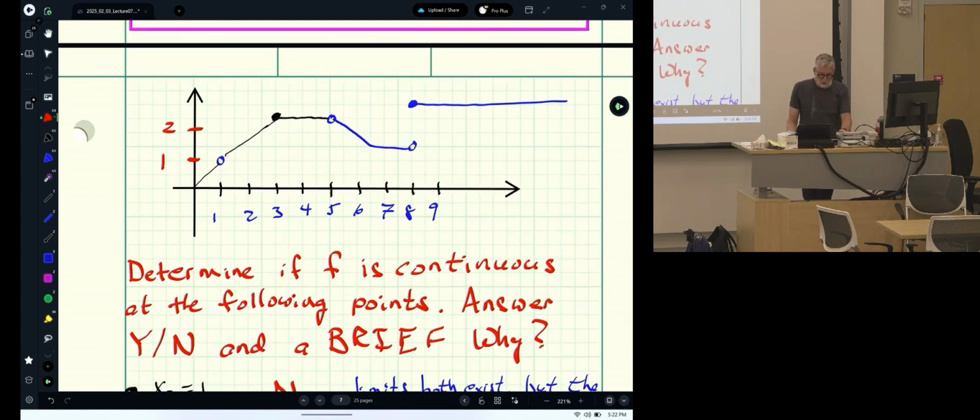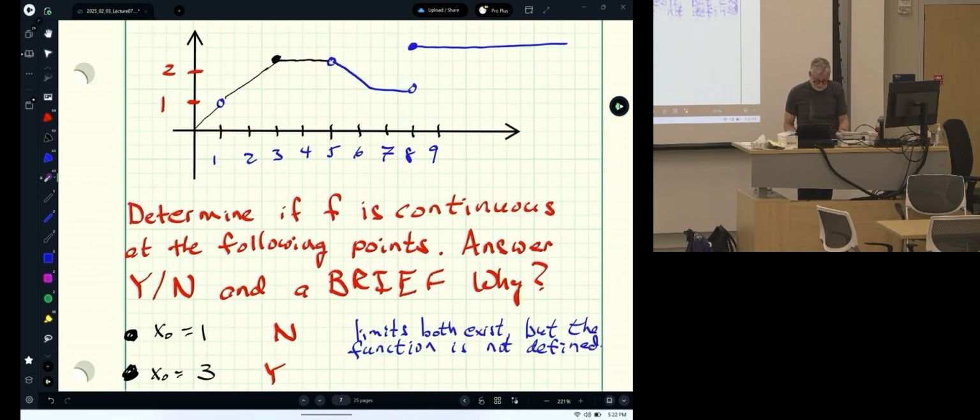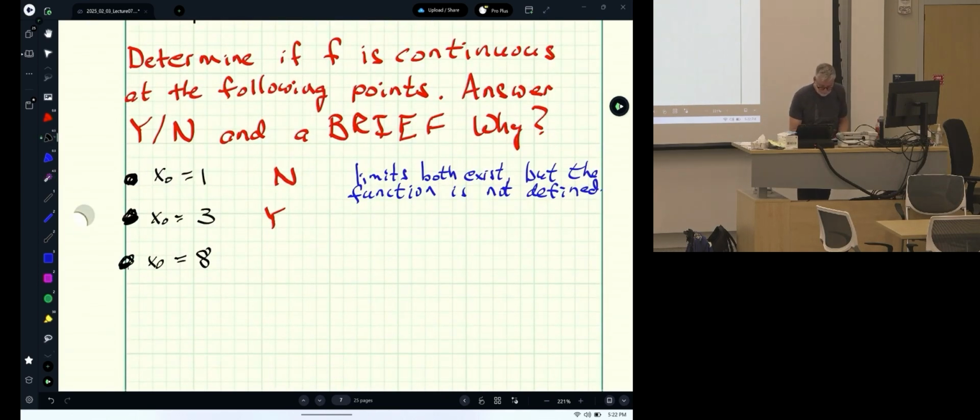So why is it continuous? Limit from the left, limit from the right, value of the function, they all agree, okay? Limits from left and right equal the value of f at x0. Perfect.